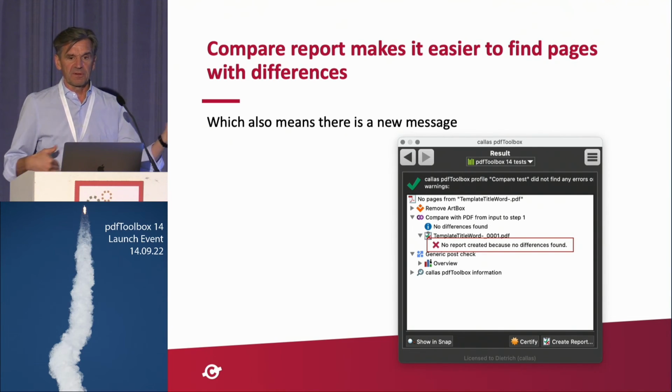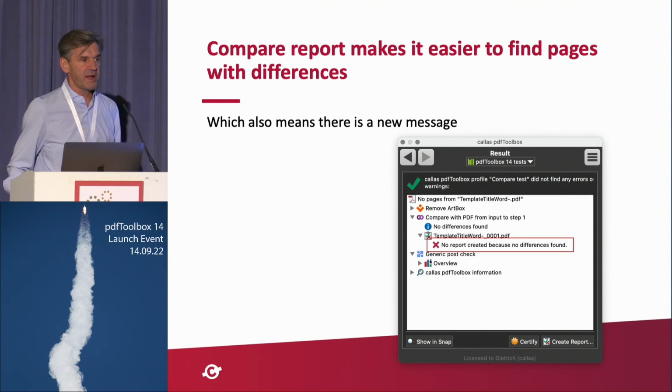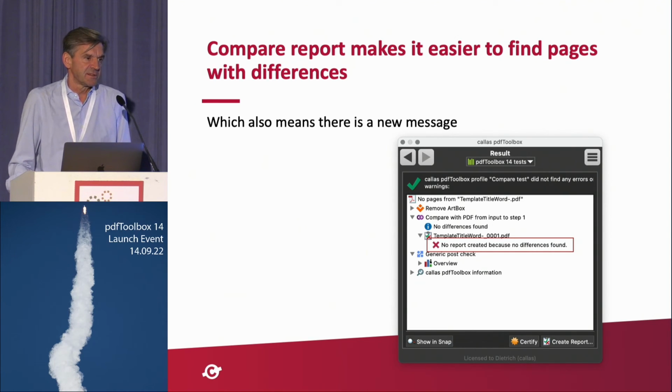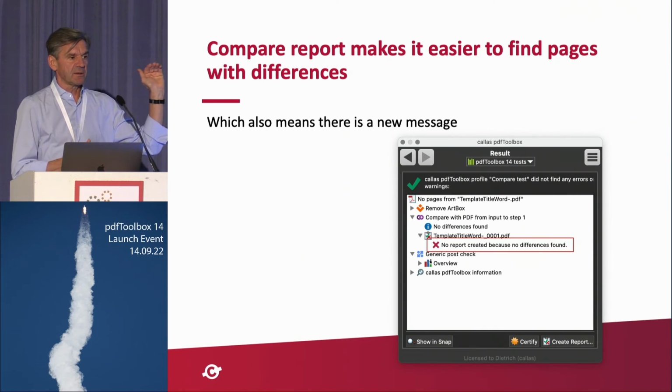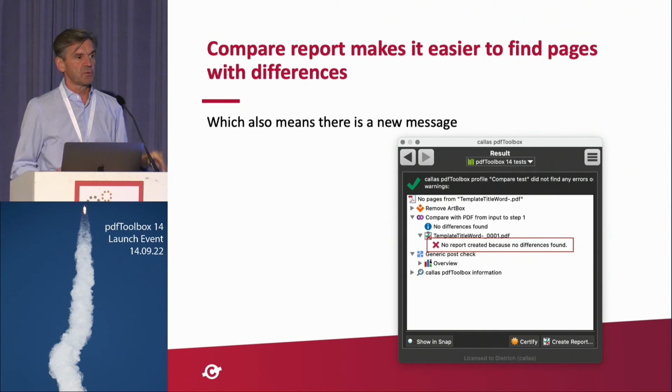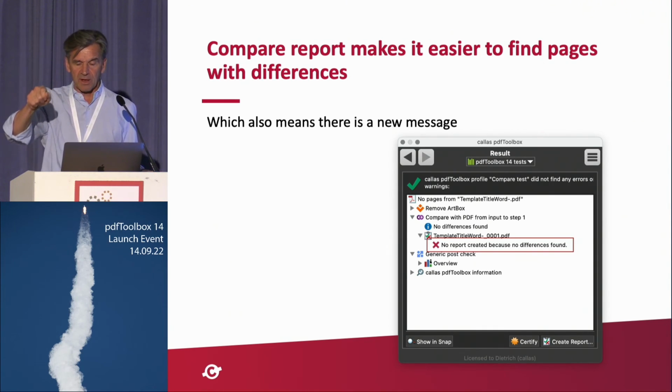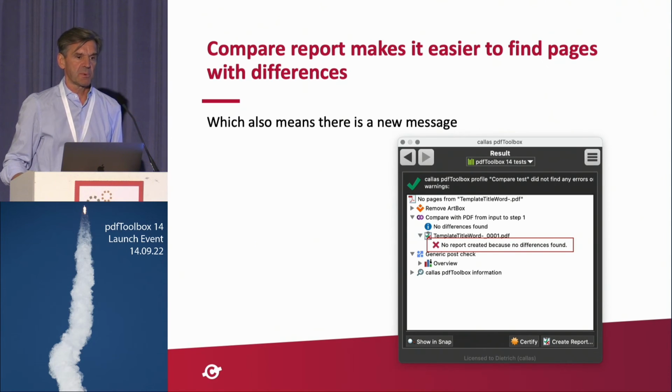So even if you have, let's say, 200 pages, and on page 111 there's a difference, you would get a report consisting of 200 pages, and then you would have to scroll to page 111 in order to see where the difference was. In pdfToolbox 14, now you would get a report that consists of only one page.